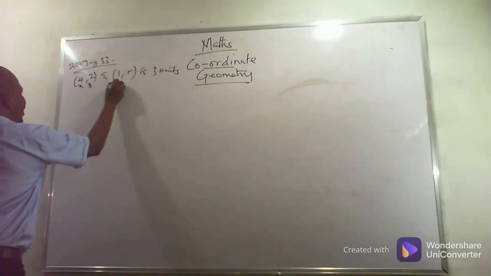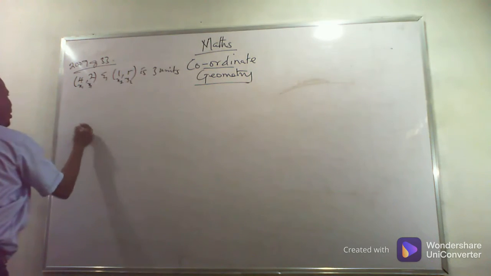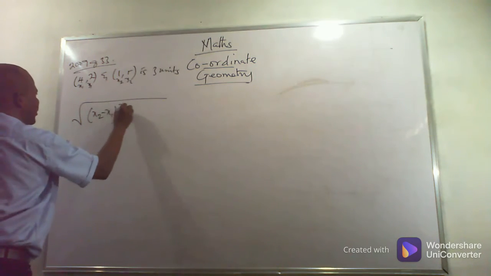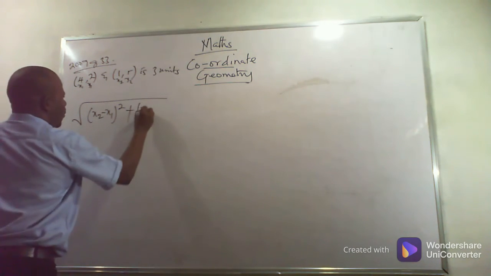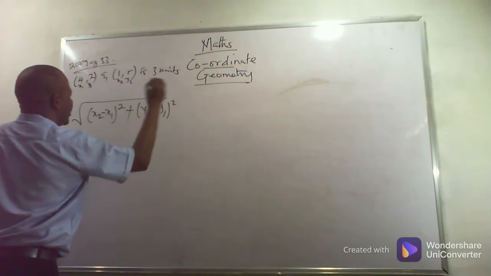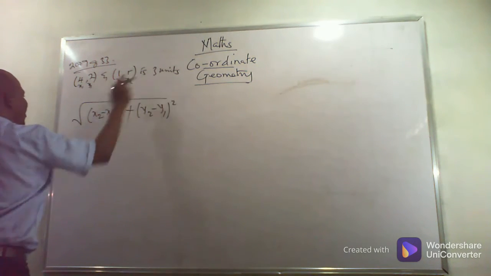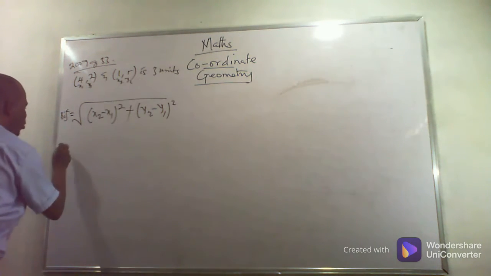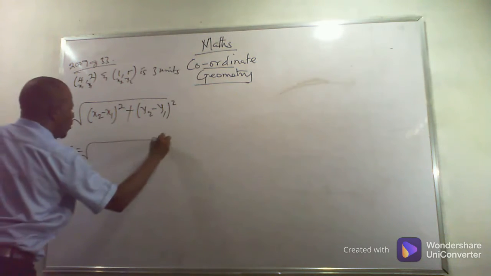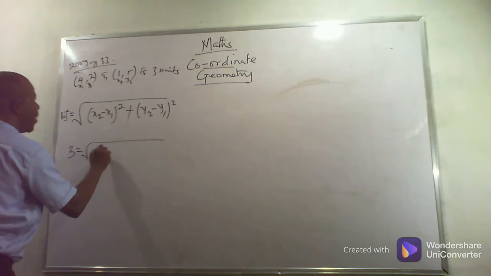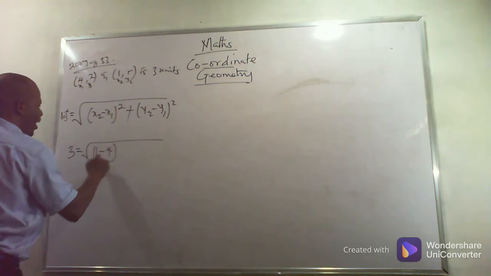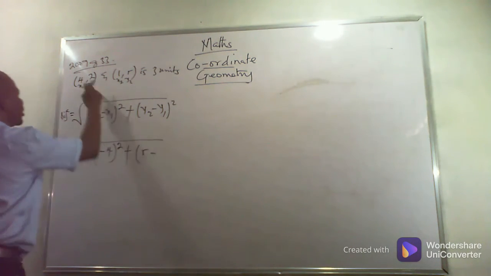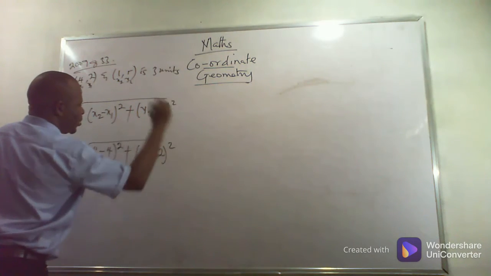x1, y1, x2, y2. What is the formula? Square root of x2 minus x1 squared plus y2 minus y1 squared. So what do we have? We have the distance as 3. So you have 3 equals square root of x2, 1, minus x1, 4, everything squared, plus y2, r, minus y1, 2, everything squared.